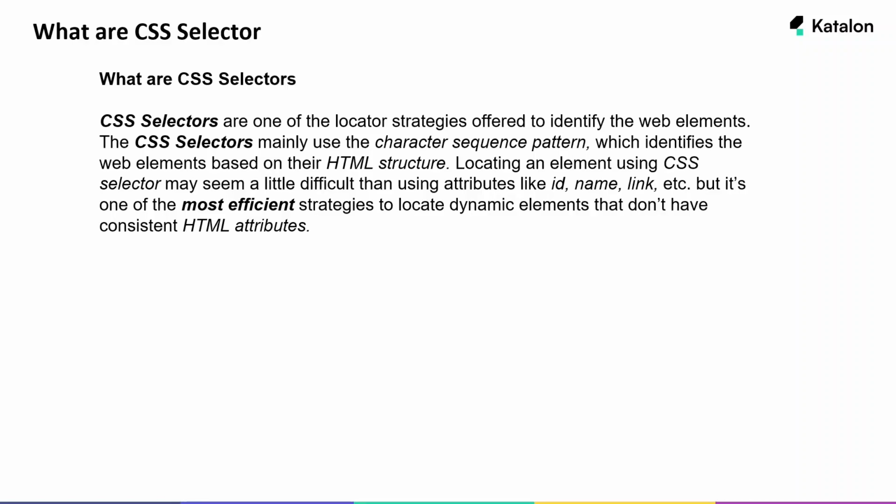They mainly use a character sequence pattern, which identifies the web element based on its HTML structure. Locating an element using a CSS selector may seem a little more difficult than using attributes like ID, name, link, etc. that we discussed in chapter 2. But it's one of the most efficient strategies to locate dynamic elements that don't have consistent HTML attributes.